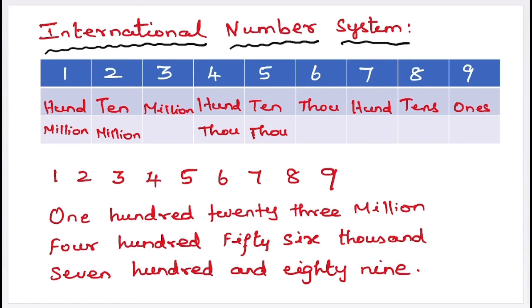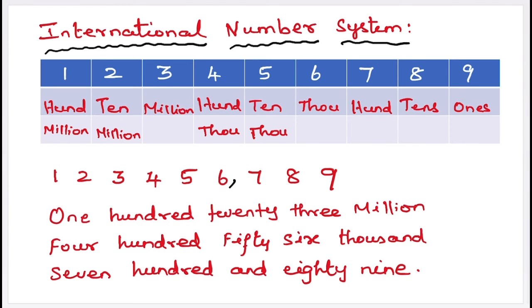Here in this example, 1, 2, 3, 4, 5, 6, 7, 8, 9, we place the first comma before 7, 8, 9, leaving 3 digits from the right side.